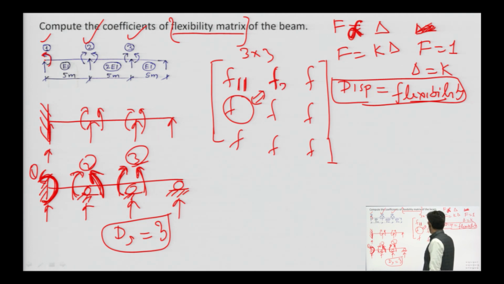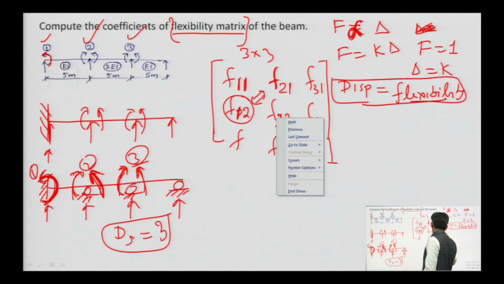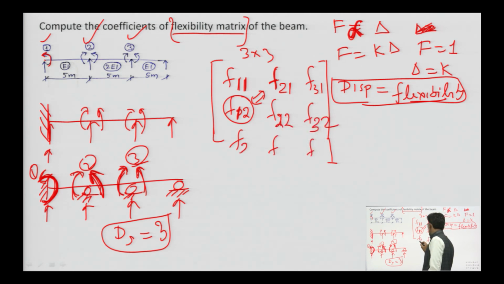This is the displacement at 2 due to unit force at 1, this is the displacement at 3 due to unit load at 1. This is the displacement at 1 due to unit load at 2, this is the displacement at 2 due to unit load at 2, this is the displacement at 3 due to unit load at 2. This is the displacement at 1 due to unit load at 3, and this is the displacement at 3 due to unit load at 3.